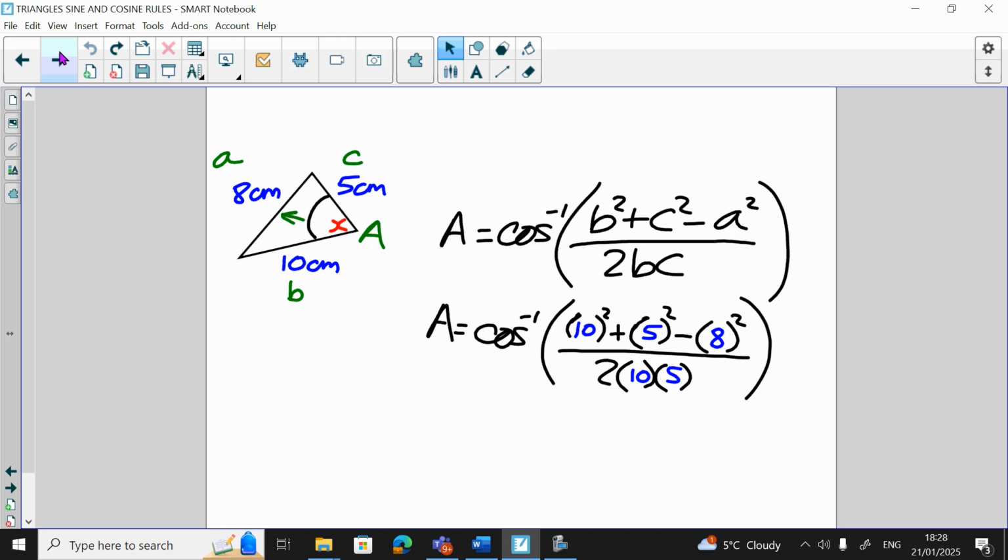Whatever that gives you. Over 2 times 10 times 5, 2 times 10 times 5 is 100. So what you're going to get, something like 139 over, what's that, 100? Oh no, sorry Tommy. 61 over 100.